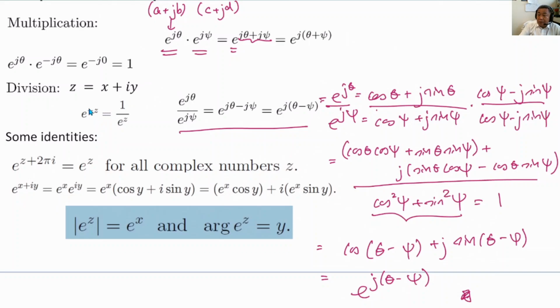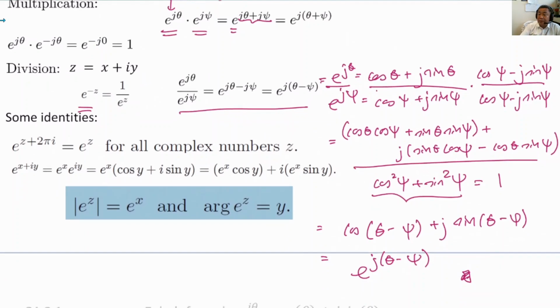If the numerator is 1 and the denominator is e to the power z, then it reduces to e to the power minus z. And also if we multiply e^(jθ) times its complex conjugate e^(−jθ), then the angle θ plus minus θ becomes 0, so e^(−j0) equals 1.